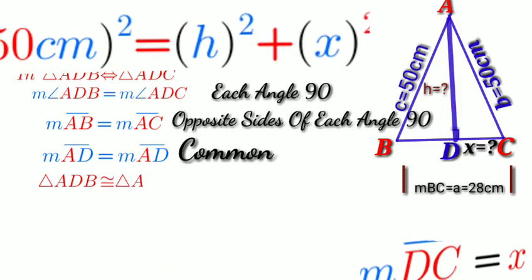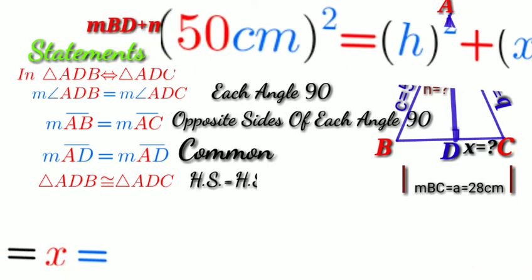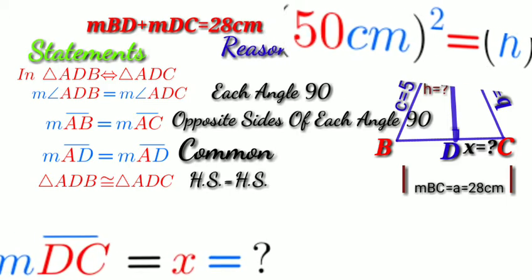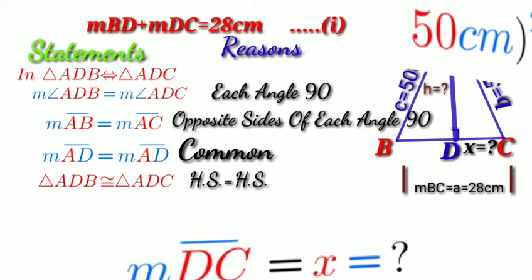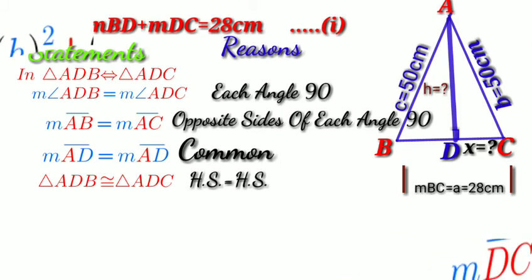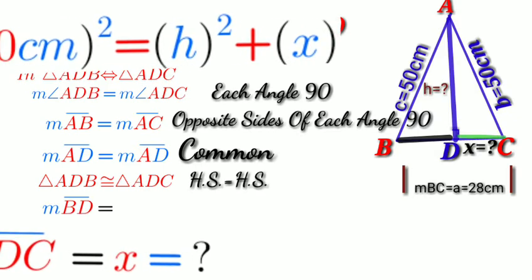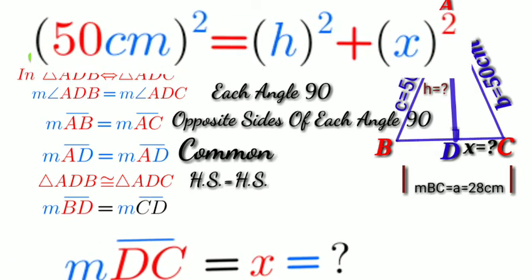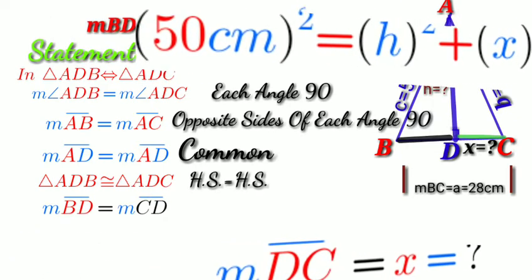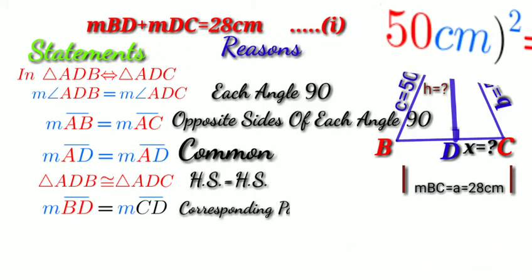Then by the hypotenuse side postulate, these two triangles, triangle ADB and triangle ADC, are congruent. By using the CPCT rule, side BD is equal to side CD.